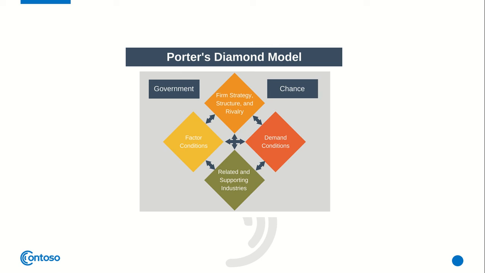Supporters suggest that any company's ability to compete in the international arena is based mainly on an interrelated set of location advantages that certain industries in different nations possess, namely firm strategy, structure and rivalry, factor conditions, demand conditions, and related and supporting industries.